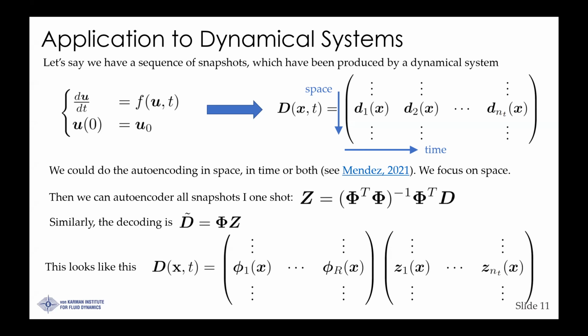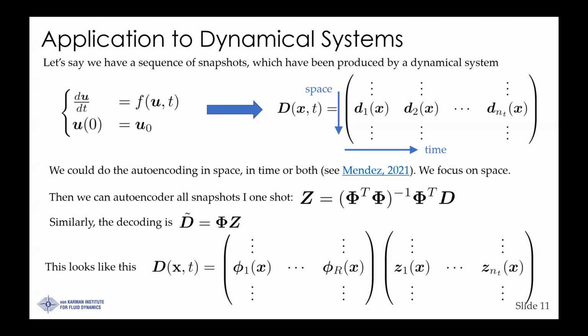Imagine that now you do this to all the snapshots of the sequence, so to time step 1, time step 2, time step 3, all the way until the end. What you would do is basically repeat the same operation on all the columns. And to repeat the same operation on all the columns, all you have to do is to apply your linear autoencoder on the left.